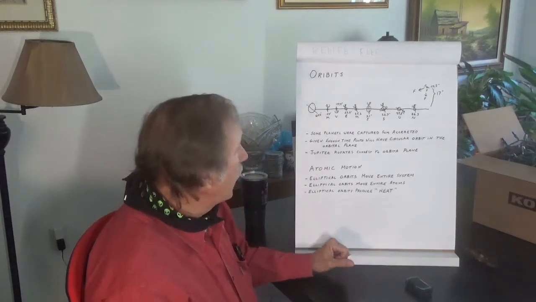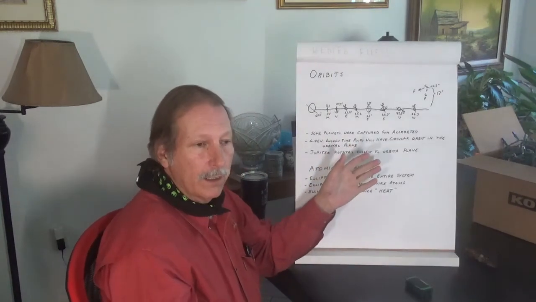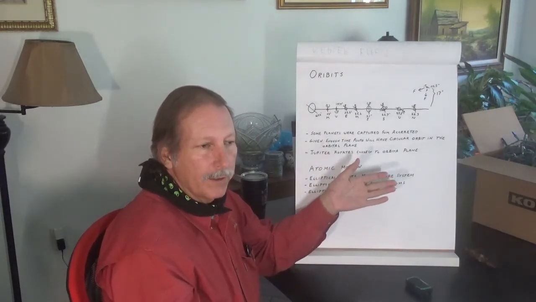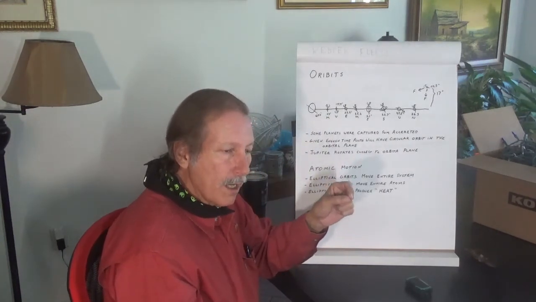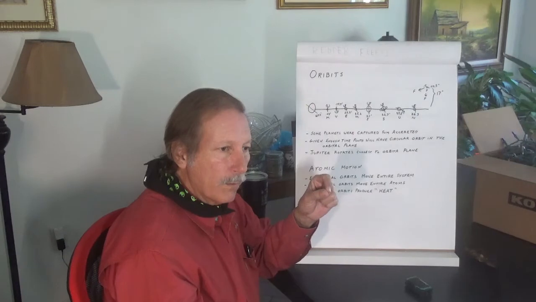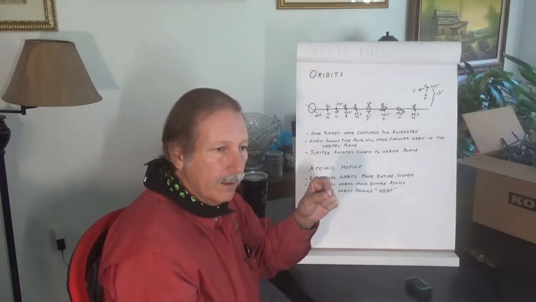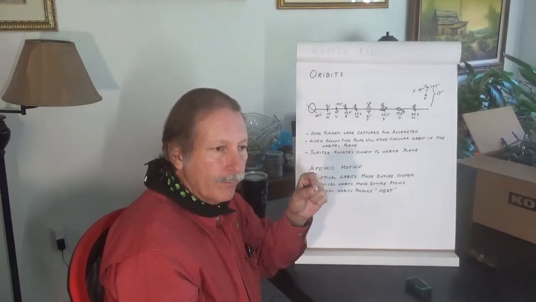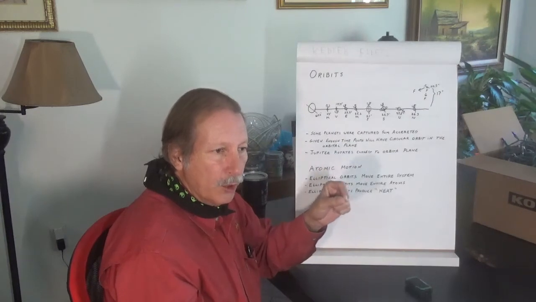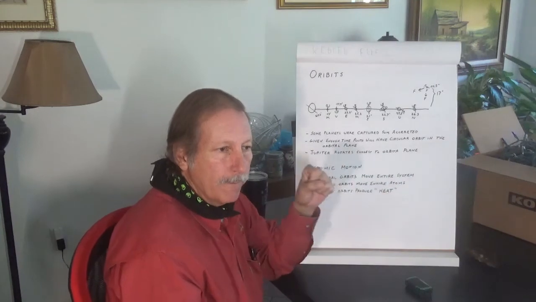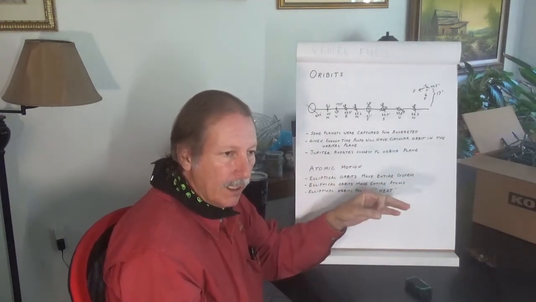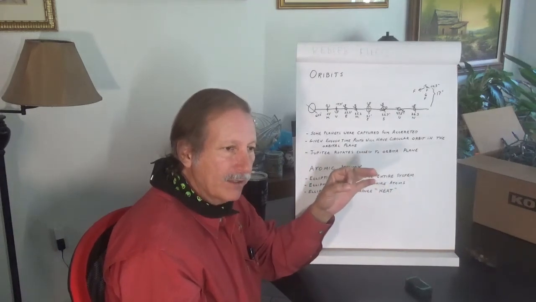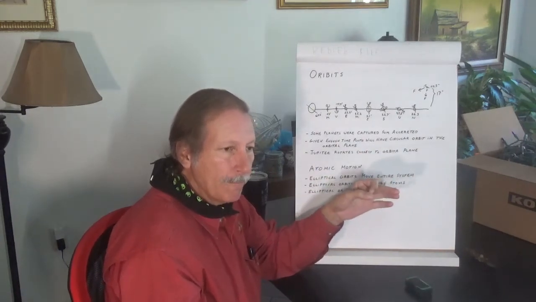So, all right, now let's take this and move it to an atomic scale. If you have an electron moving around a nucleus in an atom, if you induce an elliptical orbit in that electron, that makes the whole atom move. So, an elliptical orbit in an electron in an atom makes the whole atom move.